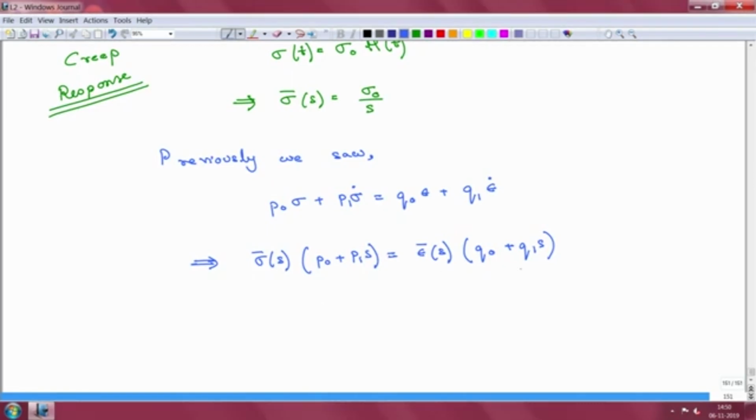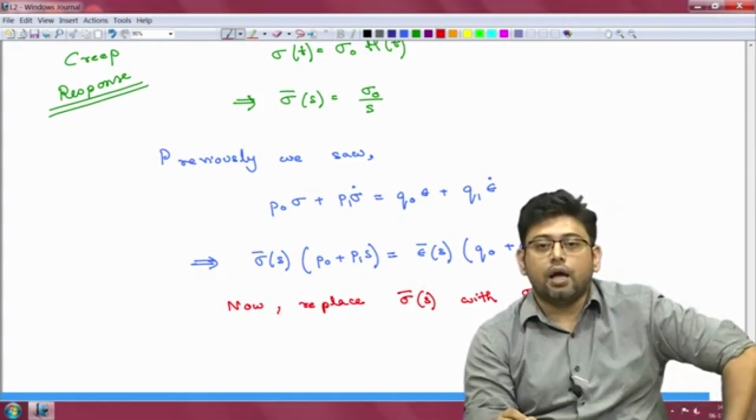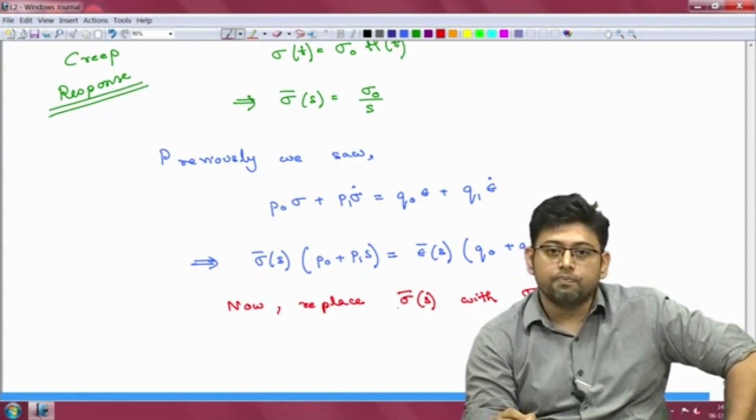We have not applied anything till now. So, now replace sigma bar s with sigma naught by s. And what I want you to do for the next class is give it a try, where you replace this and solve the equation all over again.